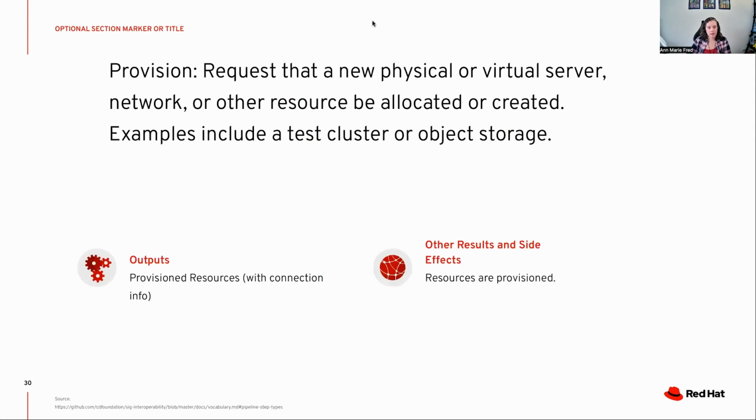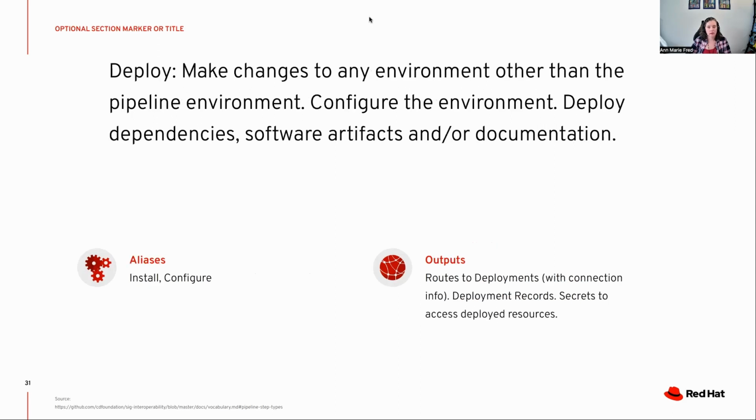In a provision step, we're going to request that a new physical or virtual server be made available for us to install or update software. Or it might provision networking resources or other resources as well, like a test cluster or object storage. In a deployment step, we'll make changes to any environment other than the pipeline environment.